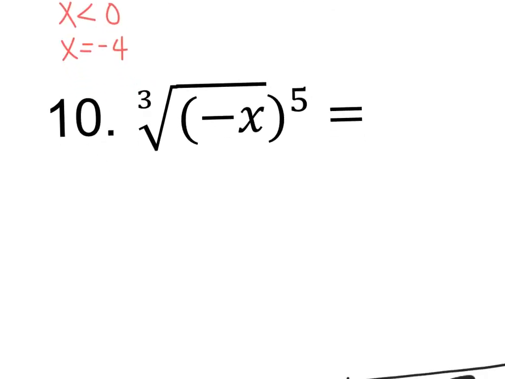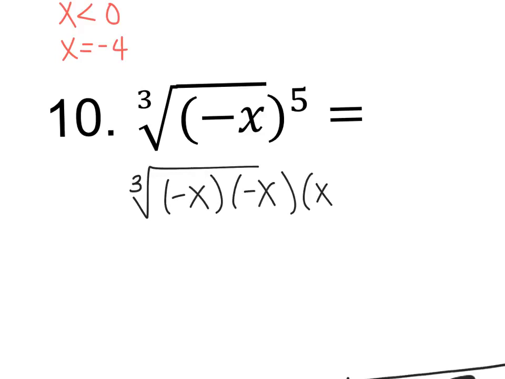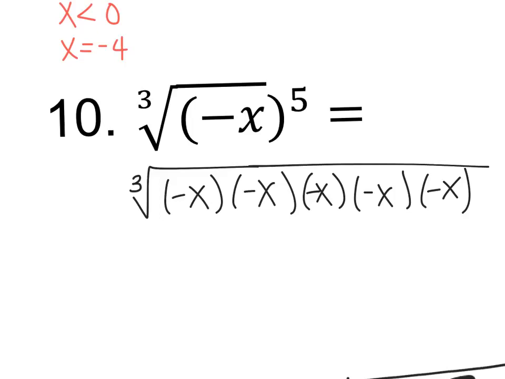So I have the cube root of negative x all to the 5th power. So essentially what's happening is I have the cube root of, and I have negative x 5 times. And I'm looking for groups of 3.